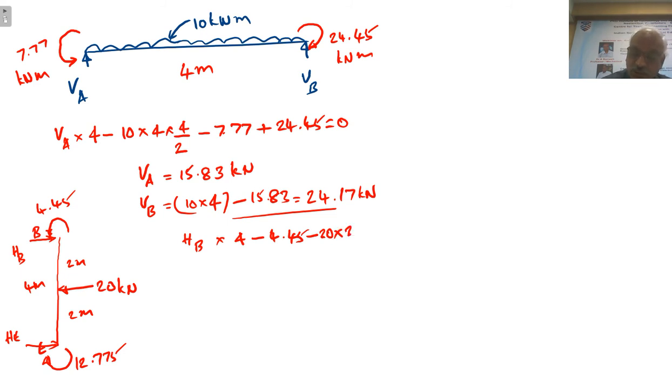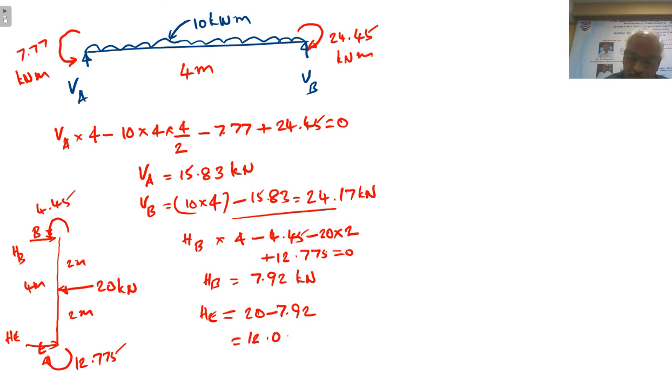So 20 into 2 plus 12.775 equal to 0 will give you HB equal to 7.92 kilonewton, and HE will be 20 minus that, 20 minus 7.92 equal to 12.08 kilonewton. So procedure is as usual.